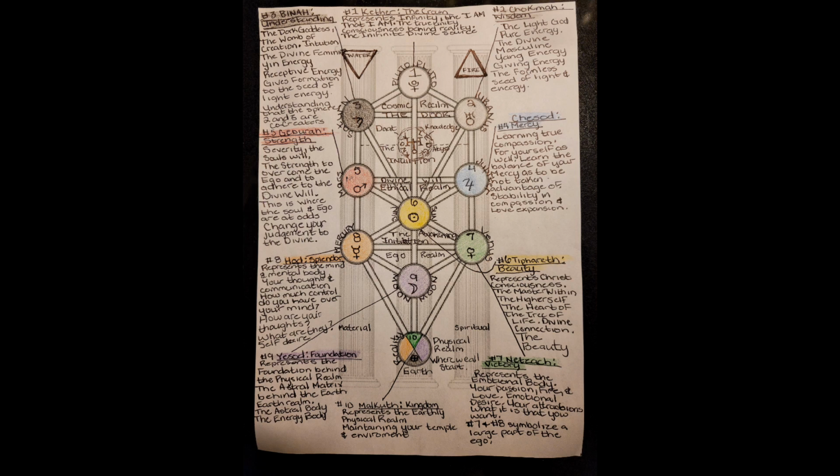It represents stability in compassion and love expansion. So it's a balance, the balance between sphere 5 and sphere 6. It's not letting the ego control your life, but also being able to maintain this Christ consciousness so that you can still function in a material world.